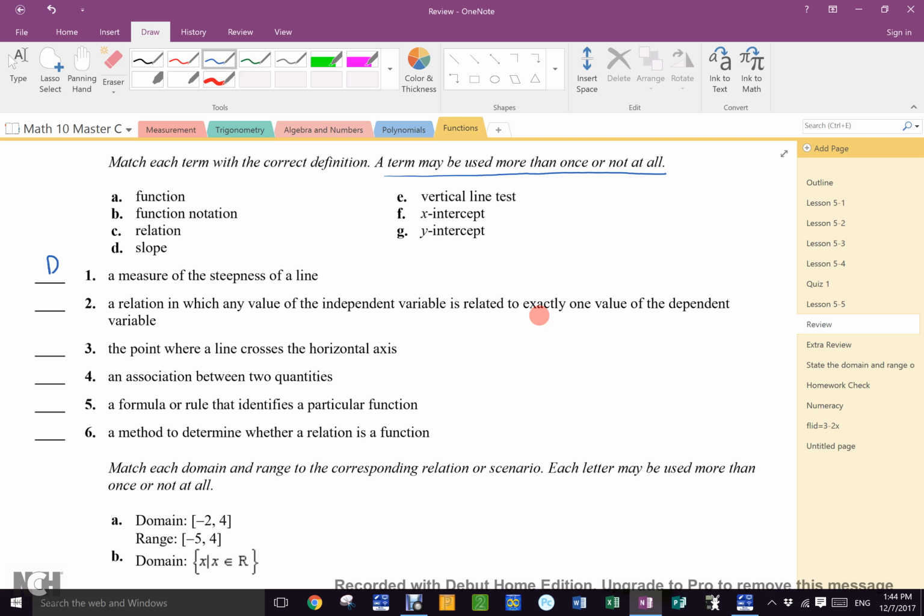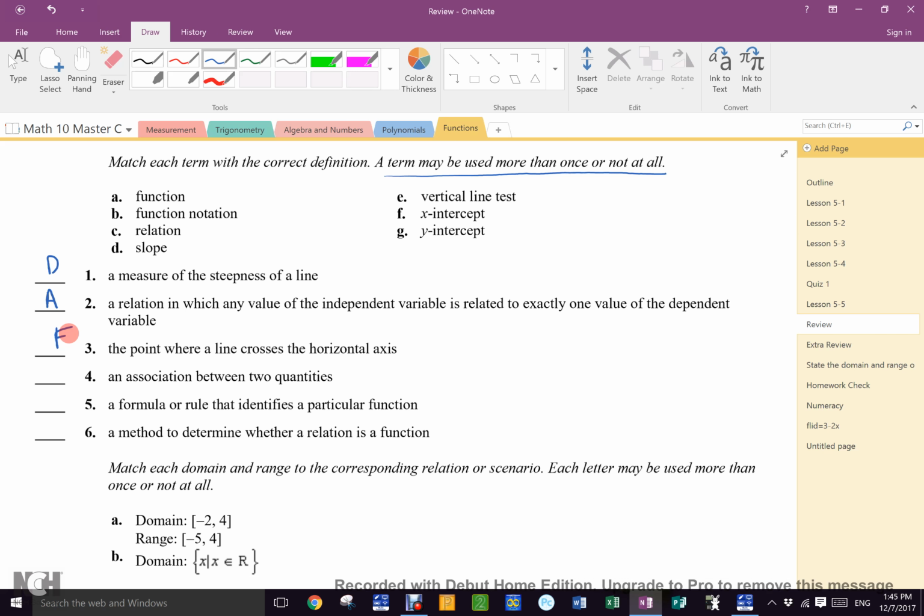Oh, Sam. A. It is a function. Absolutely correct. If a line crosses the horizontal axis, what is it, Josh? It is indeed an x-intercept because the horizontal axis is the x-axis.